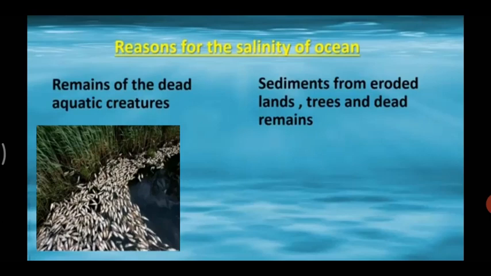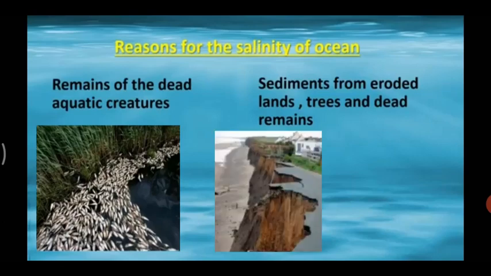So these dead fishes get collected in the ocean. This also leads to the saltiness in the ocean. Also, the sediments. Sediments means solid materials, as you can see in the picture, that move from one place to another and get deposited in a new location.